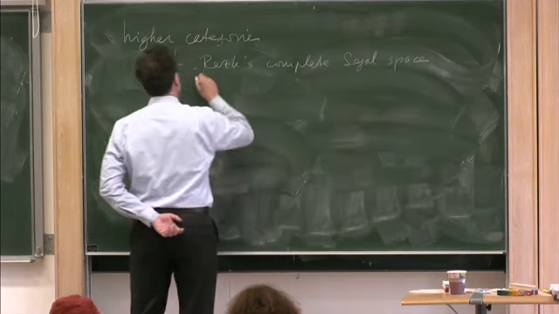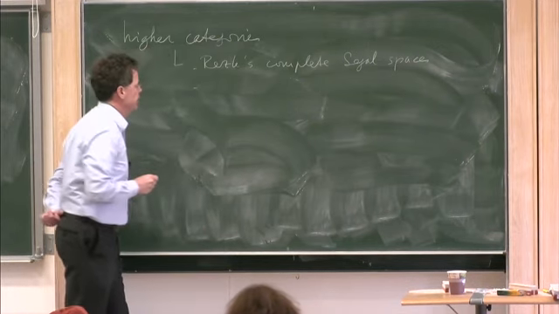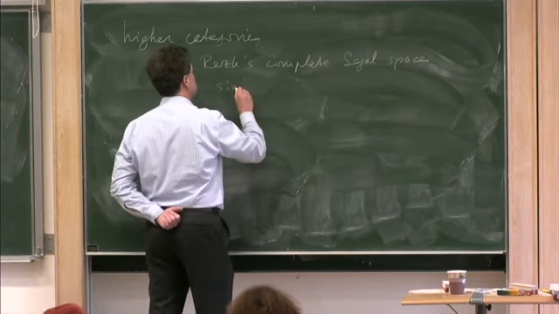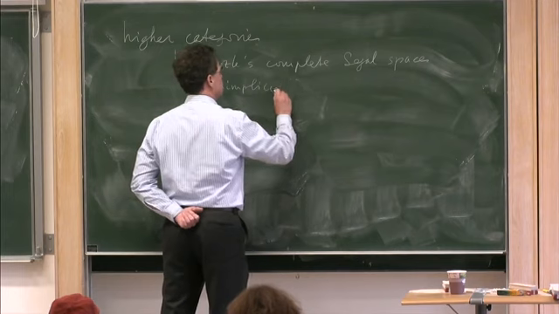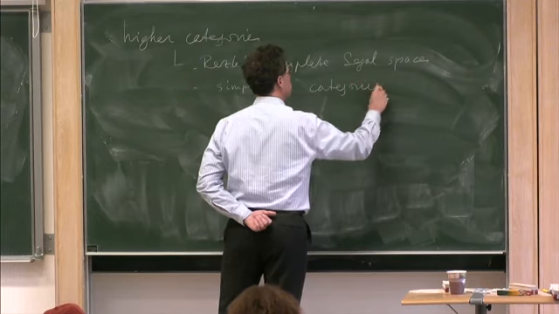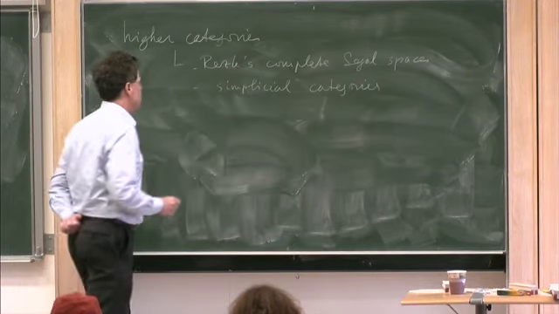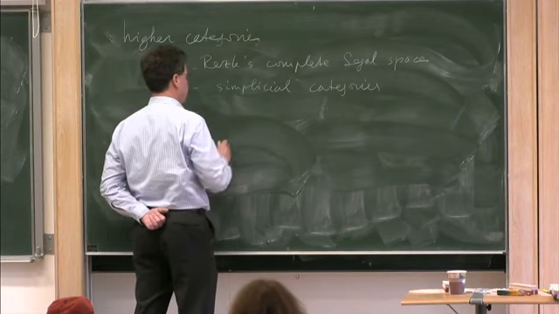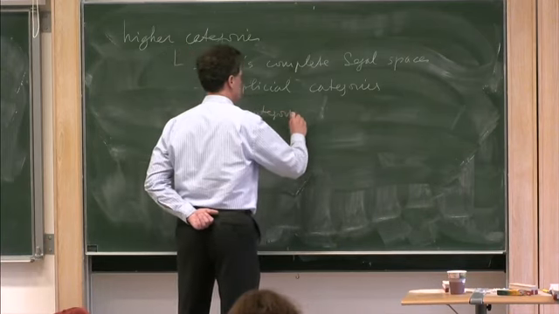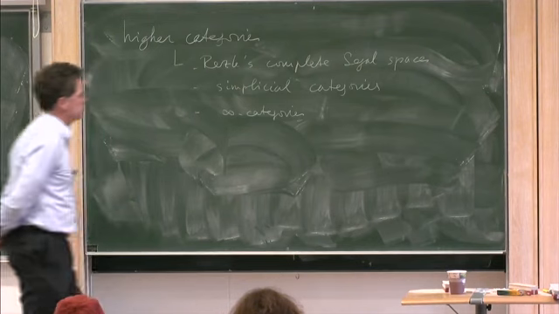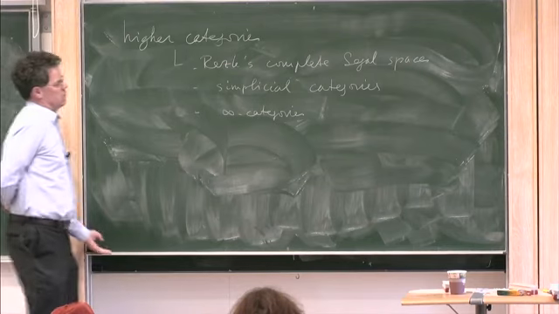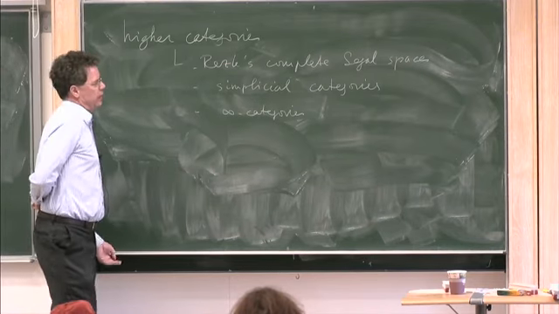And the other is to work with categories enriched in simplicial sets, but these are usually just called simplicial categories, somewhat ambiguously. Or an alternative framework is that of infinity categories, also known as quasi-categories or weak Kan complexes or inner Kan complexes.